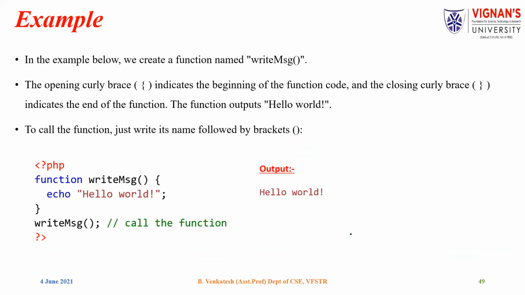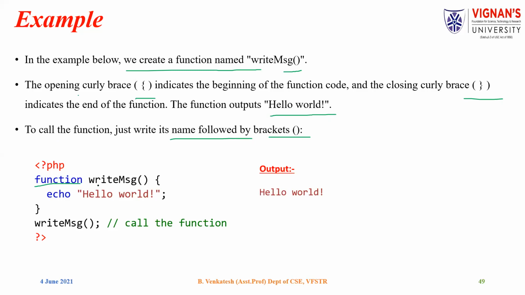In this example, we are creating a function called writeMessage. The opening curly brace and closing curly brace indicate the function code. And for output, we are going to use echo. To call the function, we just need to write its name followed by brackets.